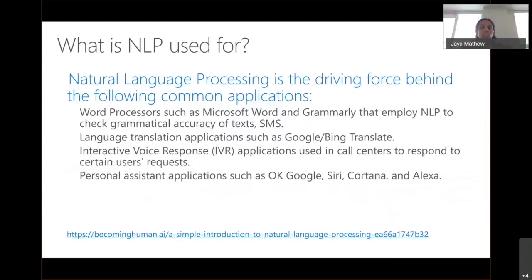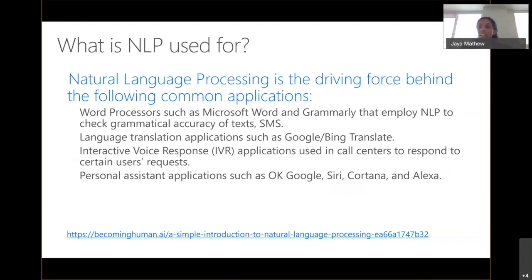Okay, so now to quickly summarize all the images that I took screenshots of and showed you. We do know that word processors such as Microsoft Word and Grammarly employ NLP to check grammatical accuracy of text, SMSs, etc. Then we looked at language translation in terms of Google and Bing Translate. Then very often when we call customer care centers, we rarely talk to a human agent right away.